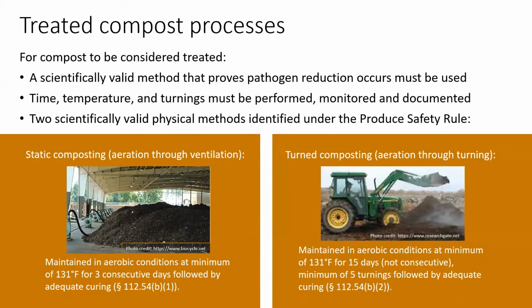And then the other process that most people are probably familiar with is turned composting. We're maintaining that aerobic environment to allow those microorganisms to do work and create heat. And you're maintaining those aerobic conditions at a minimum of 131 degrees Fahrenheit for 15 days, and it doesn't have to be consecutive. There needs to be a minimum of 5 turnings followed by adequate curing. Next slide.